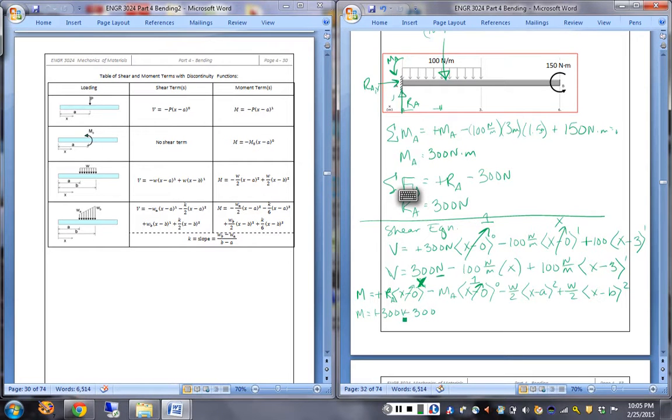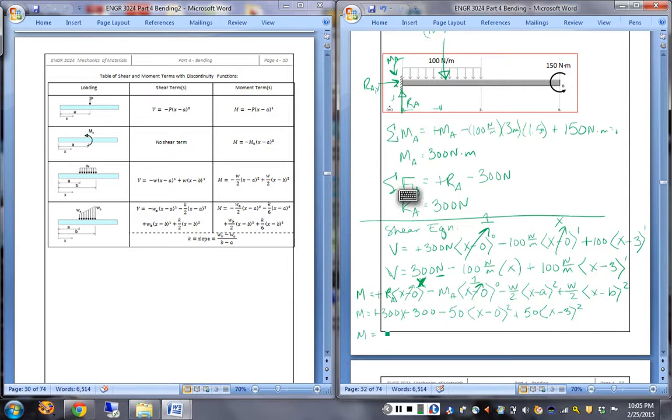So we have 300x minus 300 minus W divided by 2. The magnitude of the distributed load W is 100, so we have minus 50 x minus 0 to the 2 plus 50 x minus 3 to the 2.